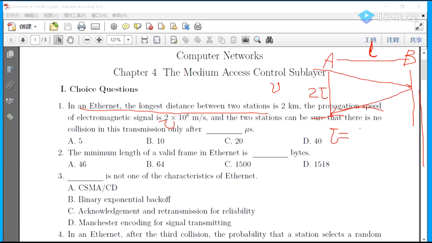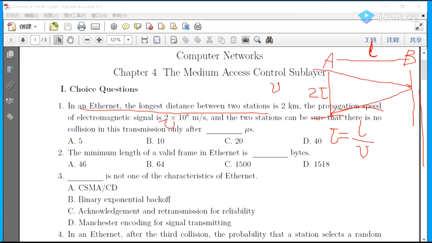Propagation delay tau is the distance over the propagation speed of the electromagnetic signal. So tau is L over V, right?